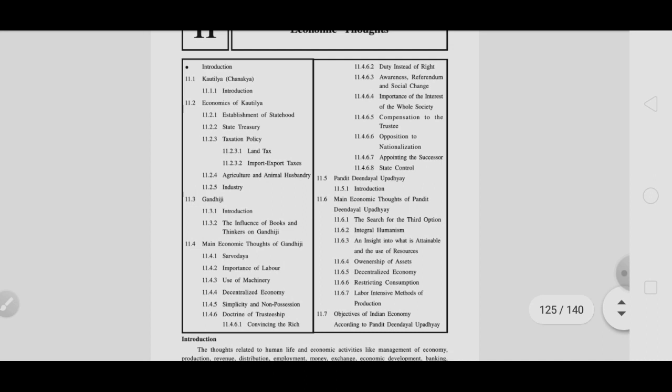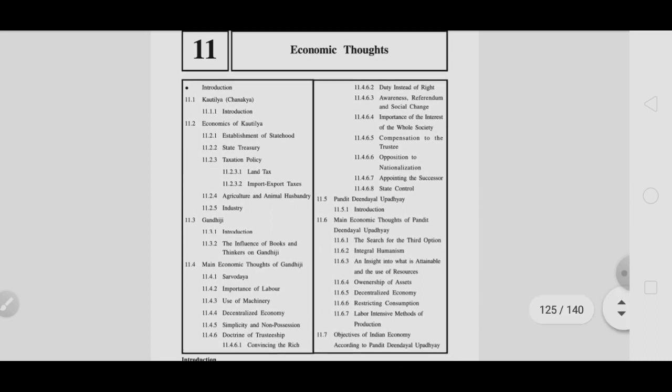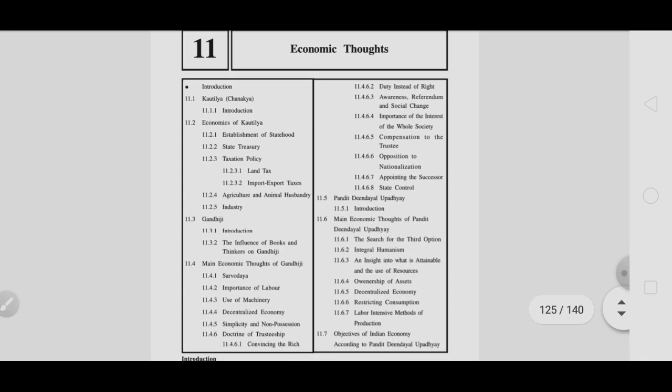The front page or cover page of your textbook is portrayed by three photographs of three different authors, that is Chanakya, Gandhiji and Pandit Deendayal Upadhyaya.